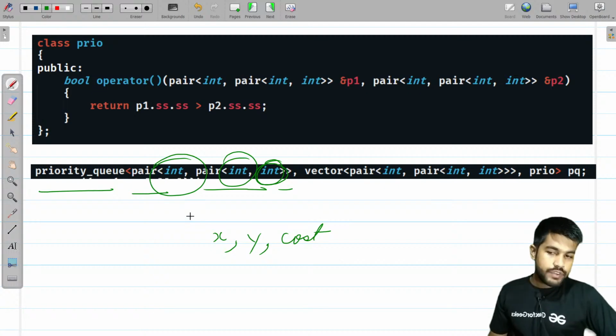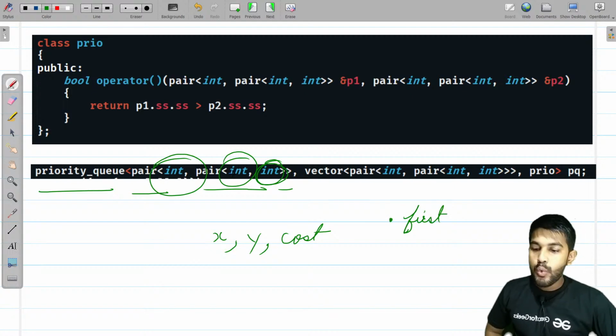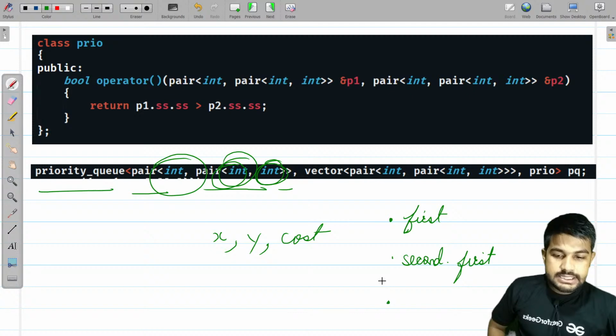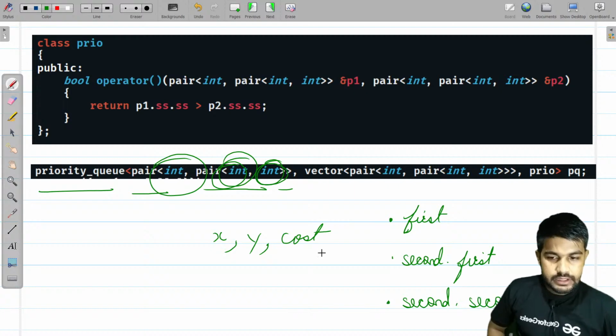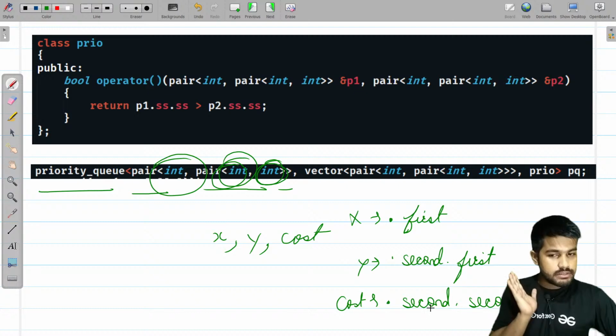How can I locate the x-axis? The x-axis can be located as ff.first.first, the y-axis can be located as ff.first.second, and the cost can be located as ff.second. So this is the x-axis, this is the y-axis, this is the cost itself.